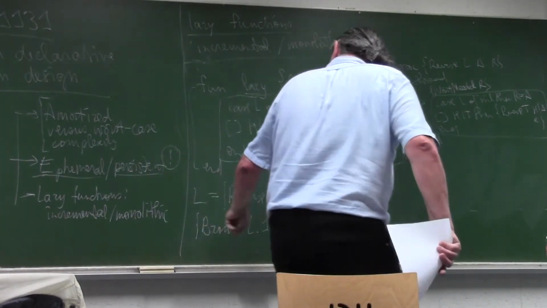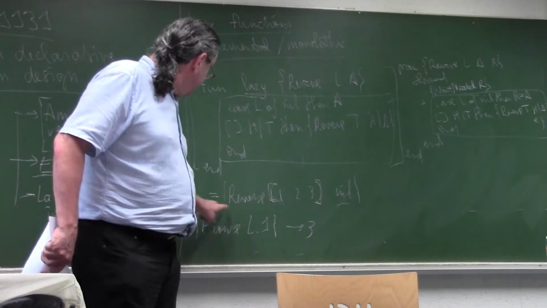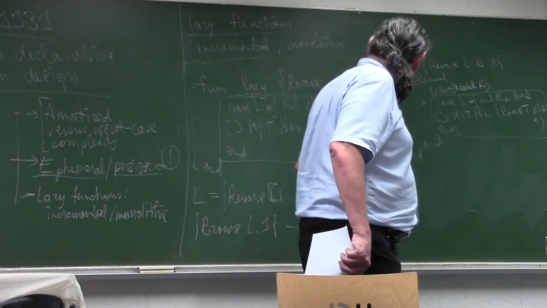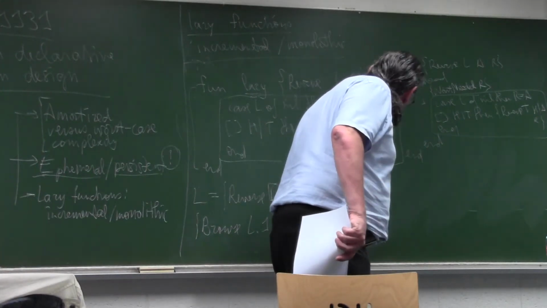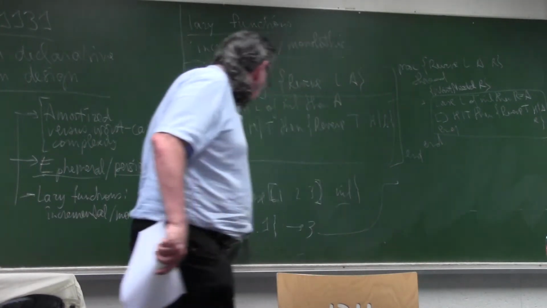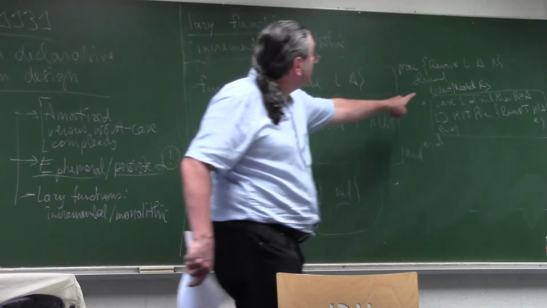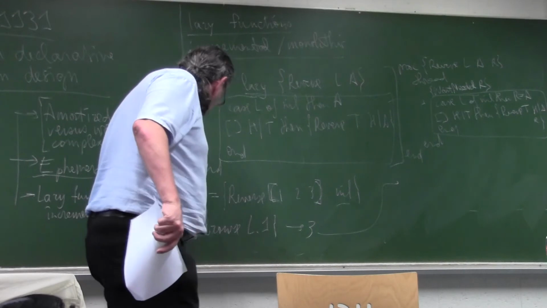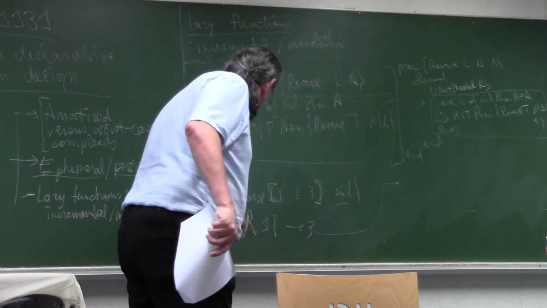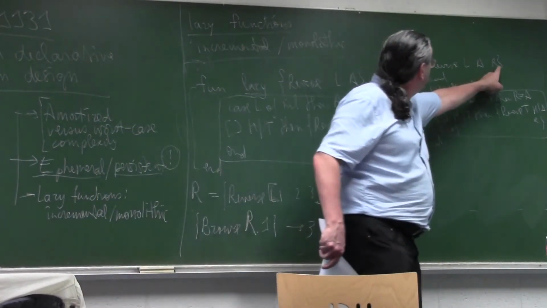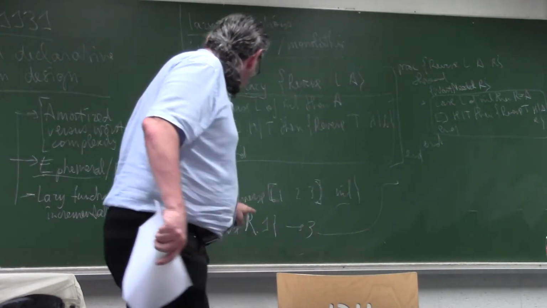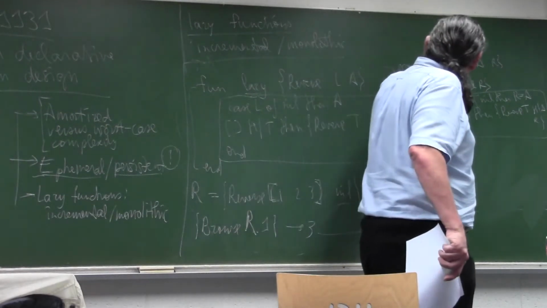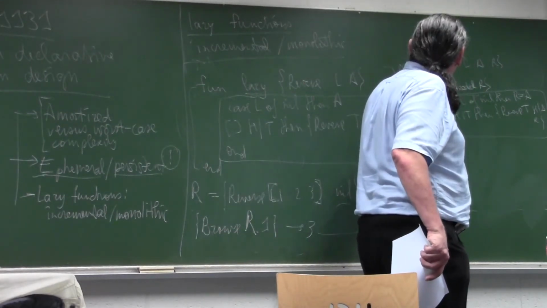Now let's say I want to do browse L.1 for this thing. It's going to compute the body here. L is needed. Let me call this R to avoid confusion, so this R is the same as this R. R is needed, so the wait needed continues. I execute this.